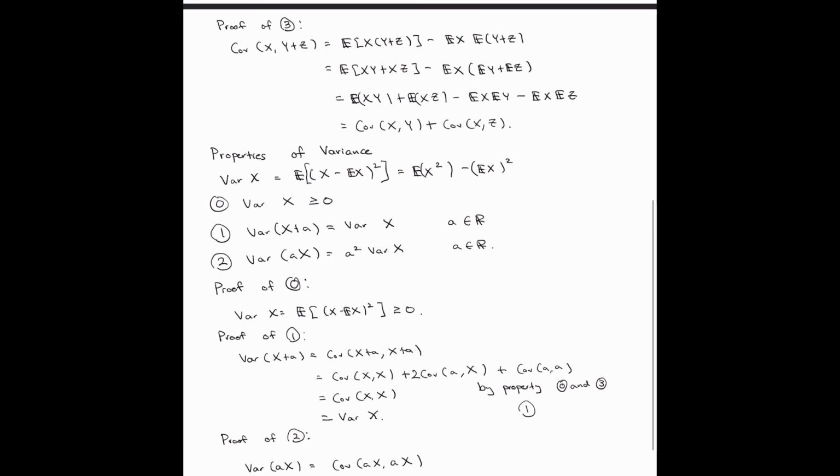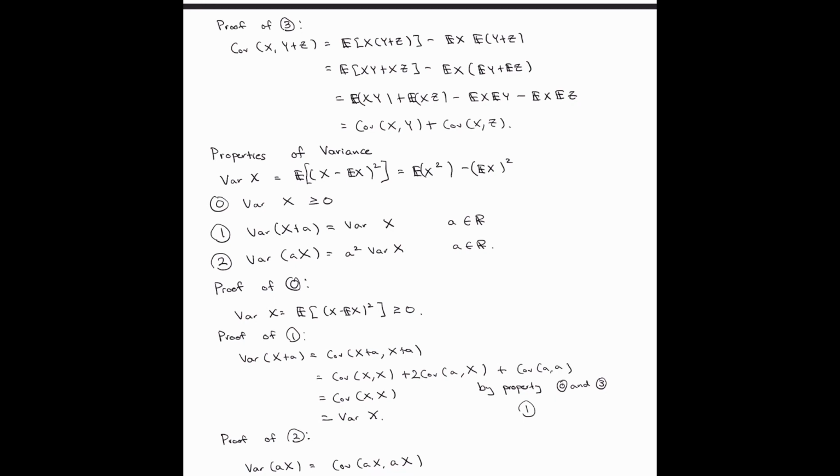Now, proof of 2. Variance of A times X is equal to, by definition of variance again, covariance of AX and AX. By applying the linearity property of covariance, we can pull out an A from both AX and AX.